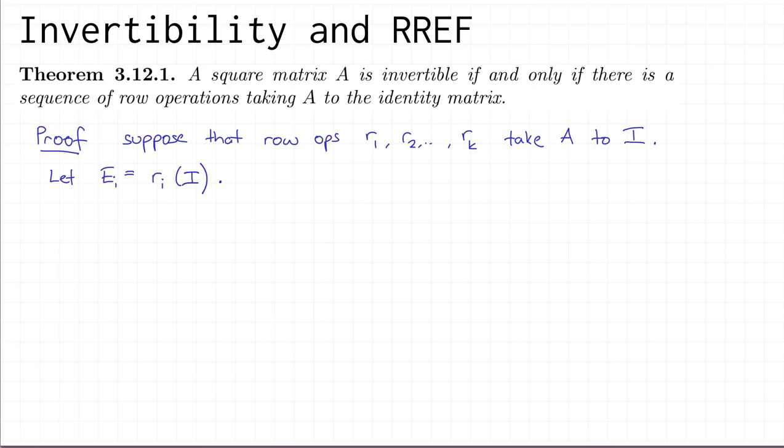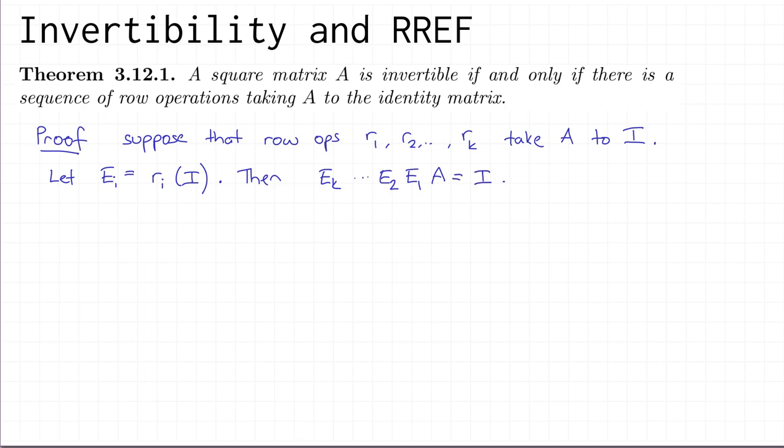Now, since doing the row operation R1 is equivalent to left multiplying A by E1, and doing R2 is equivalent to left multiplying by E2, and so on, if we take A and multiply on the left by E1, then E2, and so on, and lastly by EK, the result will be the identity.